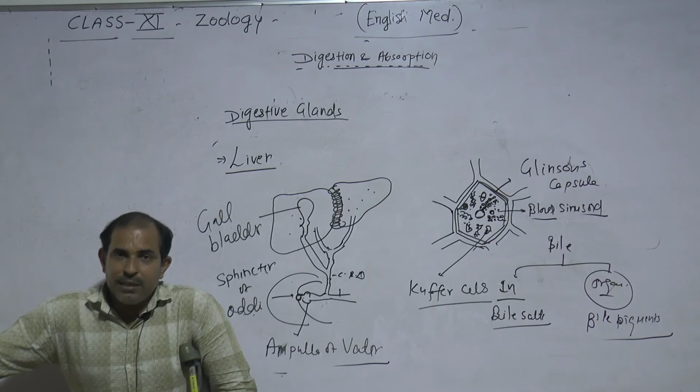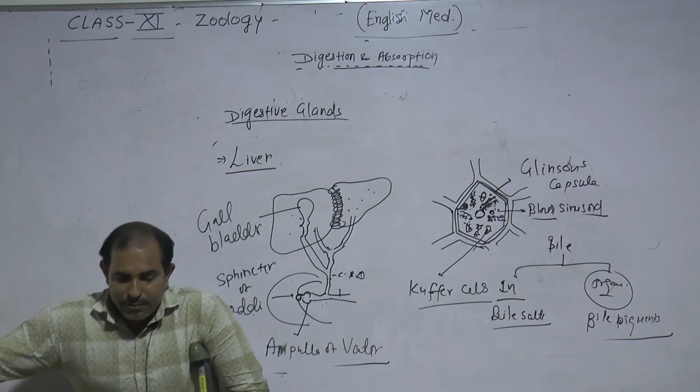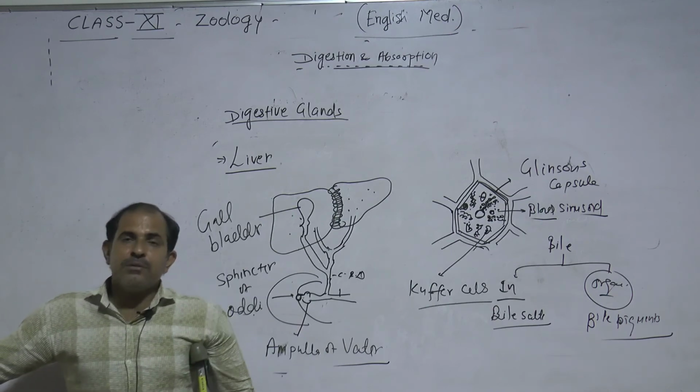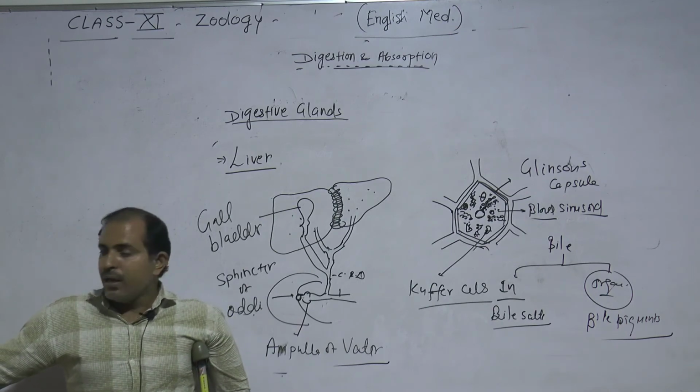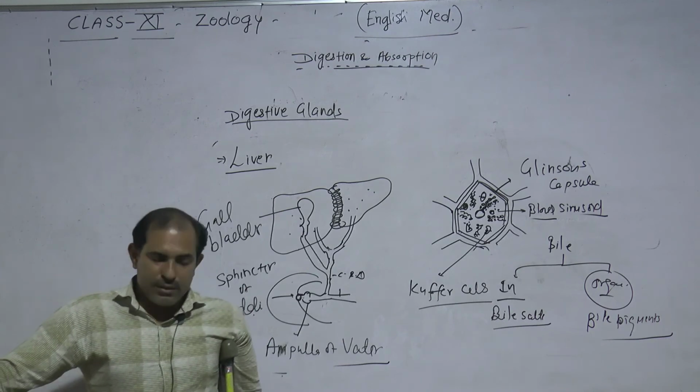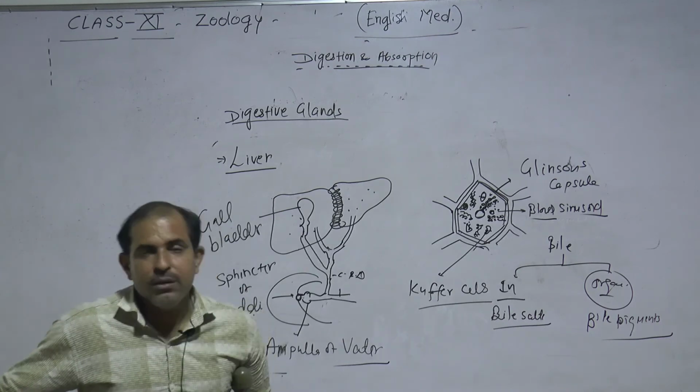So the basic medium is provided by bile juice, and in the basic medium the pancreatic enzymes work. Okay, and this is the structure and bile juice of the liver.